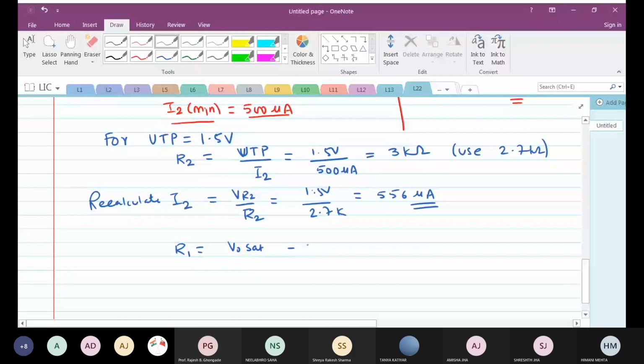So what is VO sat now? VSAT is 90% of VCC, right? So if my VCC is 18, 90% of that is what?